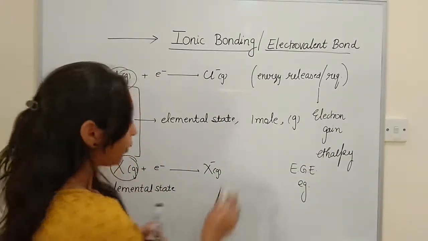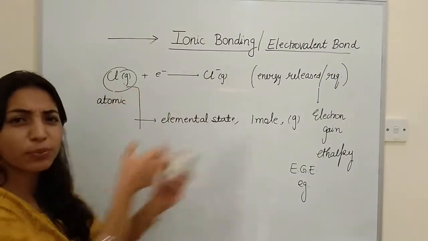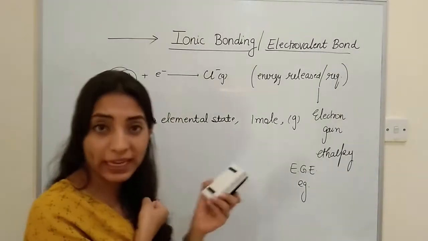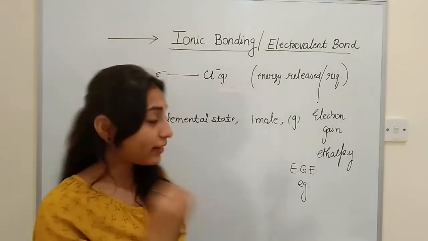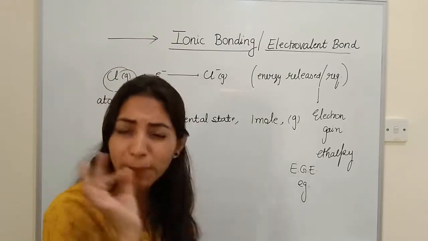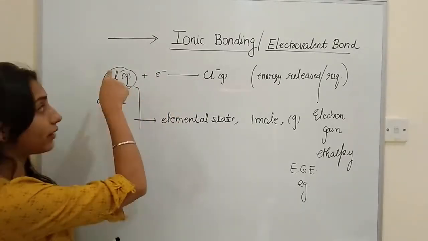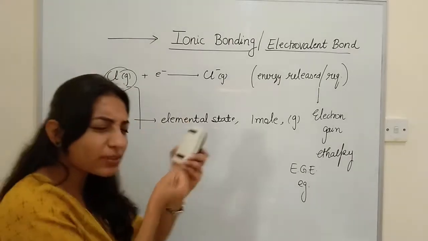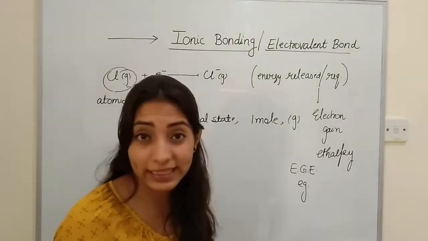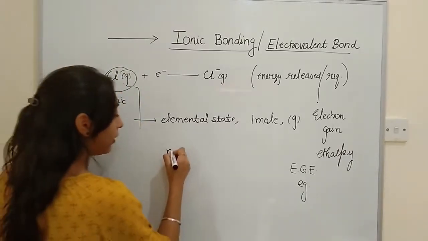Okay, one more thing I forgot to tell you. Any element which has more and more tendency to gain electron, don't you think that will be the one which can best form the anion? So the best anion will be formed by that particular element which has more and more tendency to gain electron. Understood? And who have tendency to gain electron?